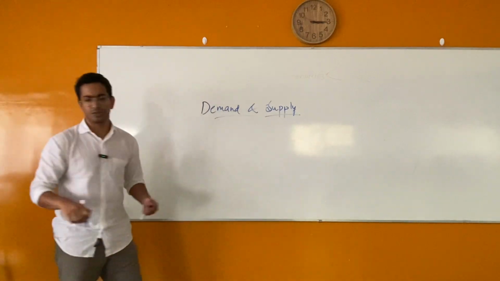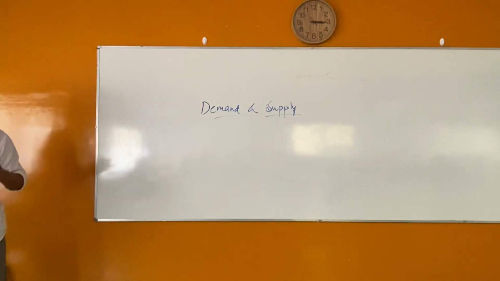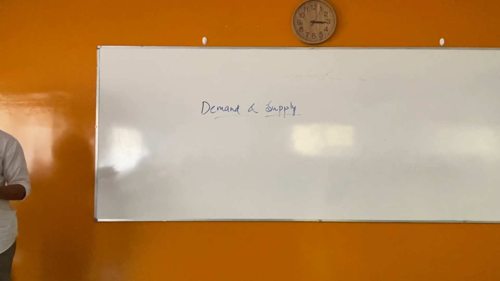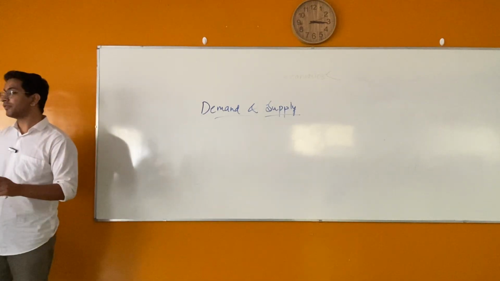They will never ask a question like, what do you mean by demand? What is the basic definition? There is a demand for government jobs. What does that mean? Yes, many people are looking forward to government jobs. That's what it means in normal language. So what is the definition?